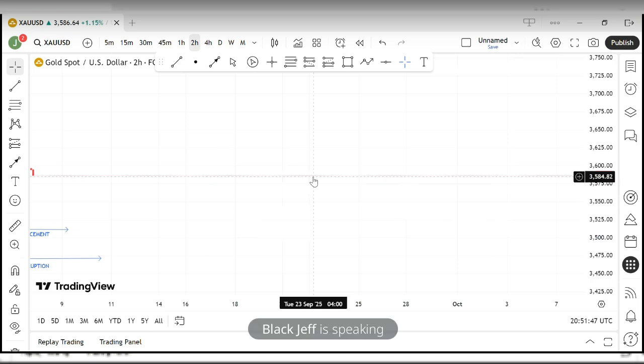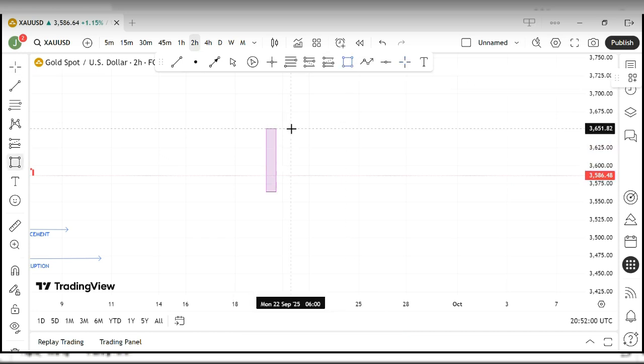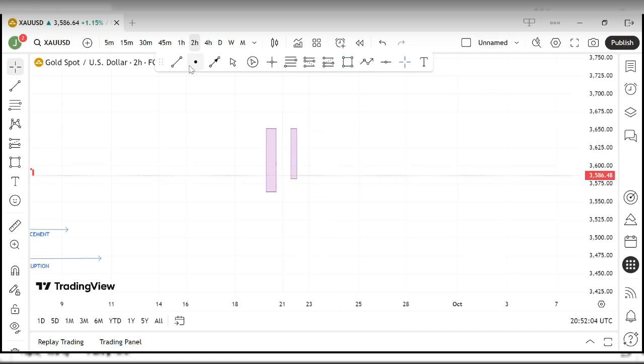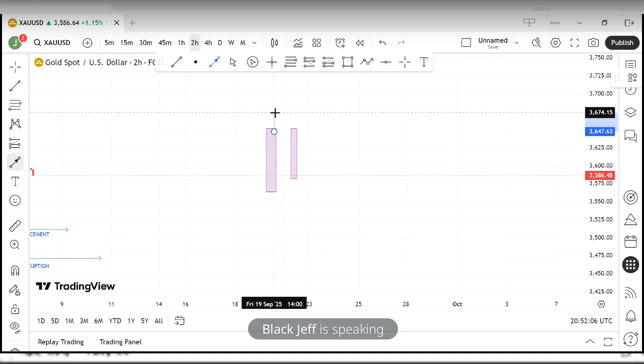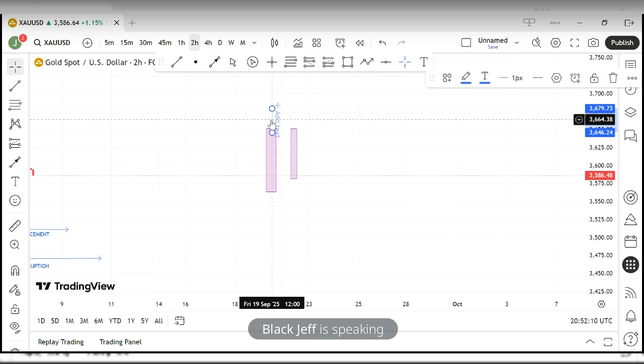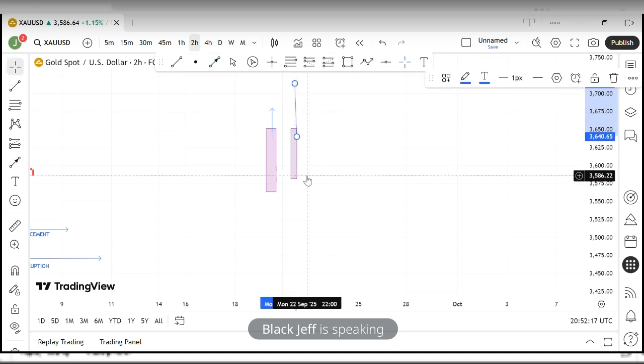I said that a key level is simply two candles having equal highs, irrespective of the wick. The wick length doesn't matter; one can be longer than the other.